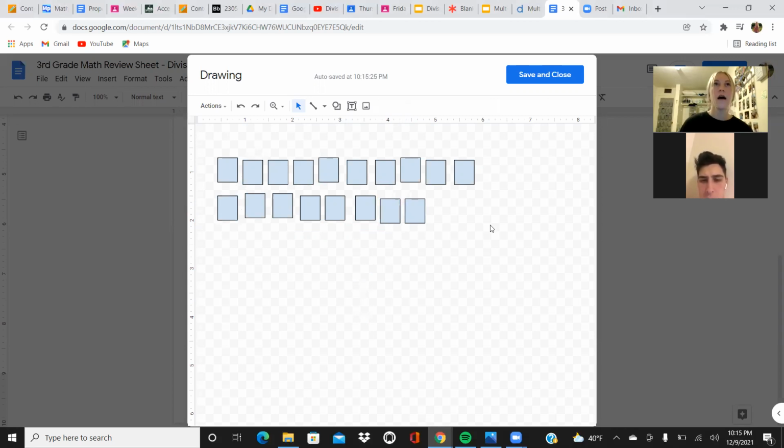So how many groups might we divide these 18 movies into based on the word problem? 2. 2 groups. Okay, so I'm going to make 2 groups. I'll put one on the left side and one on the right side. I'll start from the beginning.